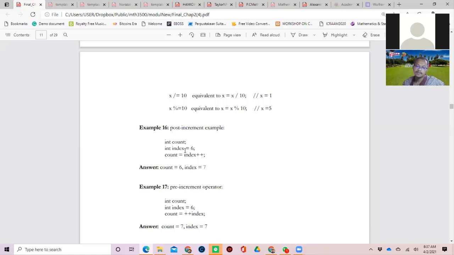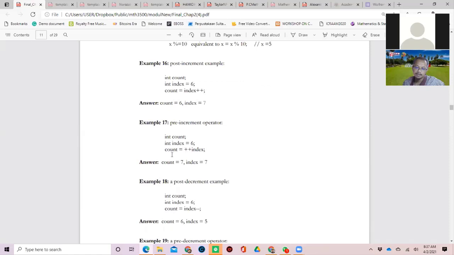But for the count value, we have to consider which one, in this case we have a post. If index plus plus, then the count will remain 6 because of the post at the back. But if it is pre, meaning plus plus index, then the count will become 7. So the value is different.